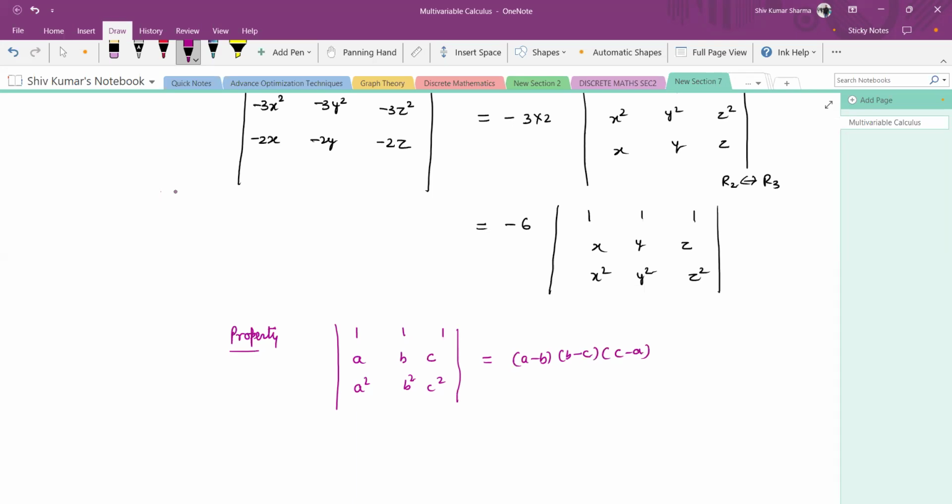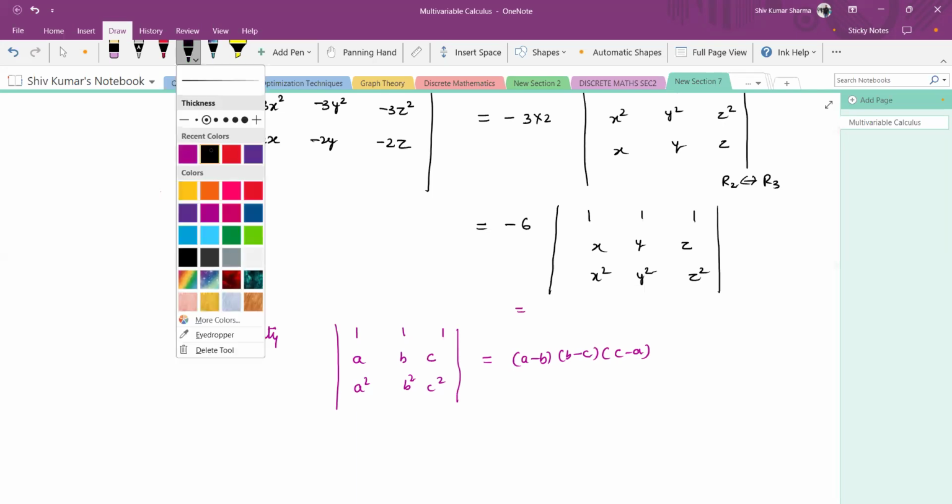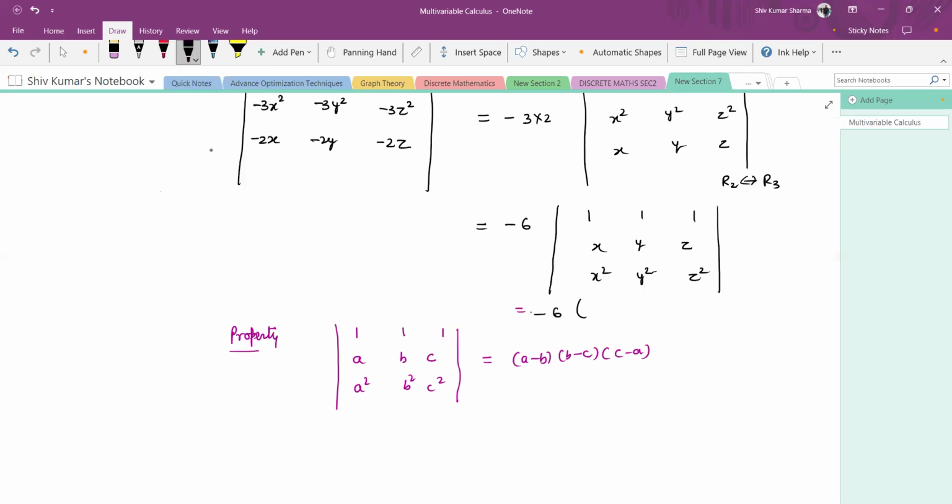So you can write this also as minus 6 into x minus y, y minus z, and z minus x, by using this property directly.